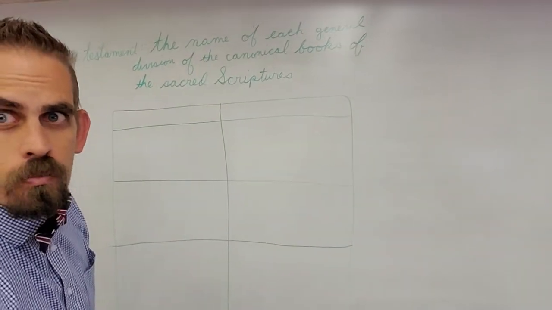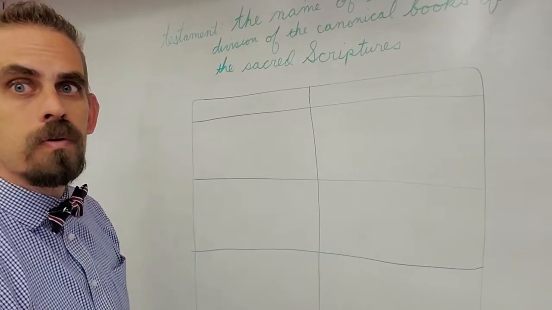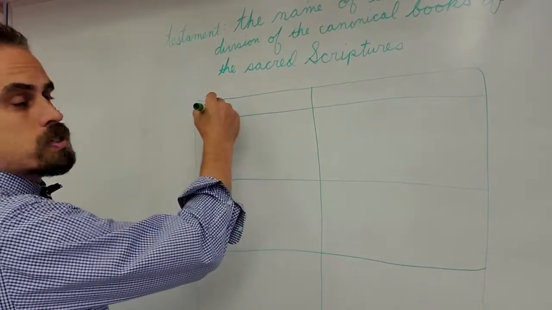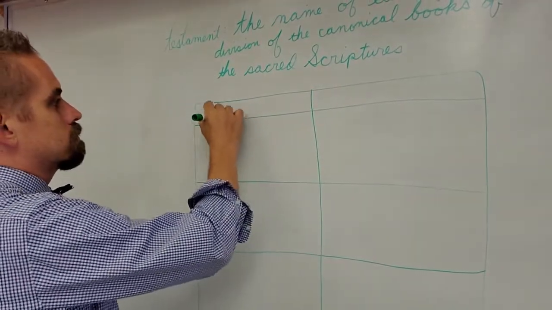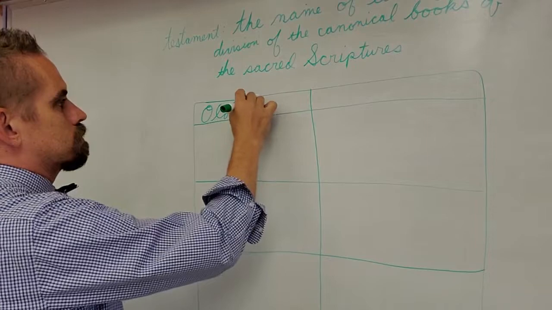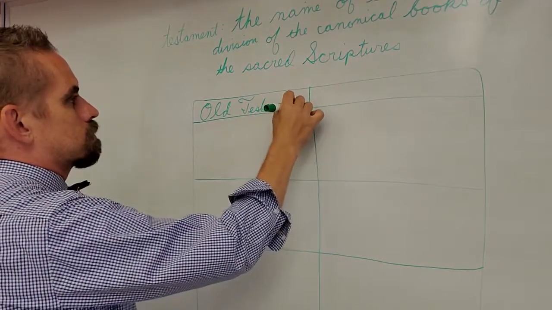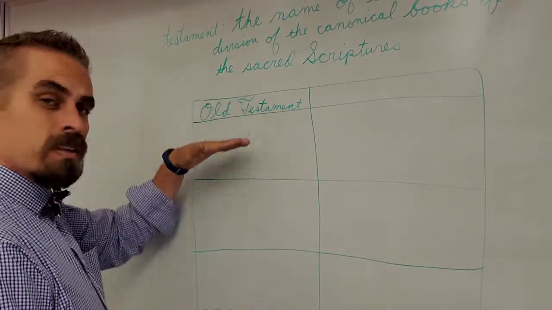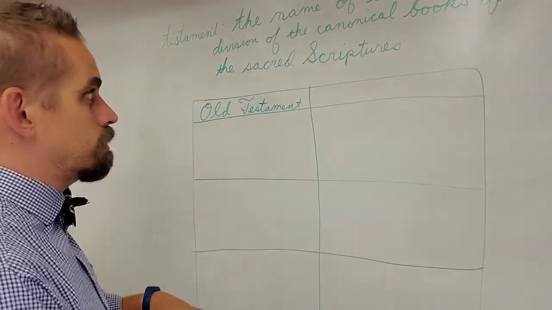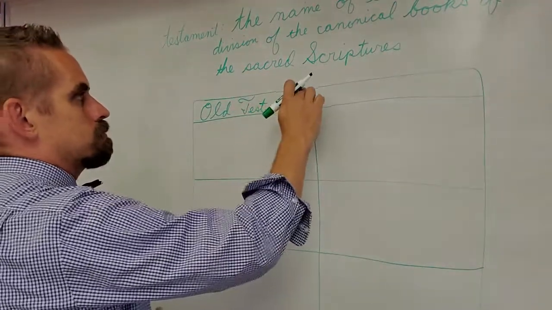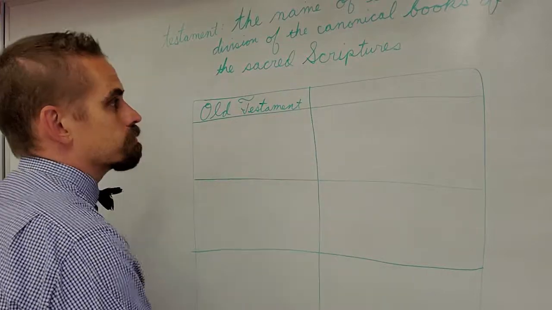So the first one over here, this is how we're going to separate it. I will bring this a little bit closer. There we go. This is going to be, everything under here is going to be about the Old Testament. That's not going to be big enough.